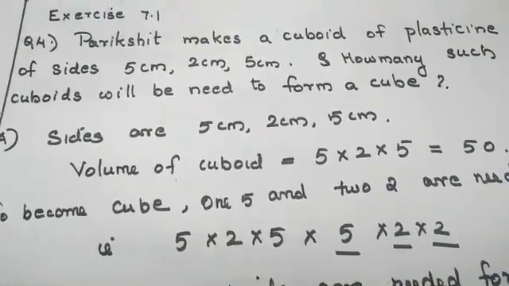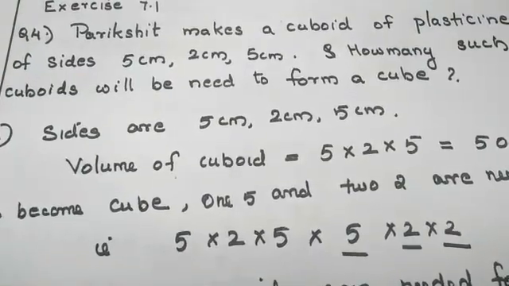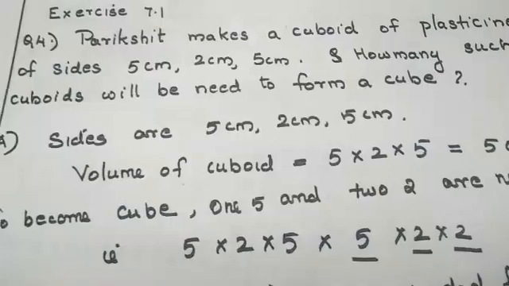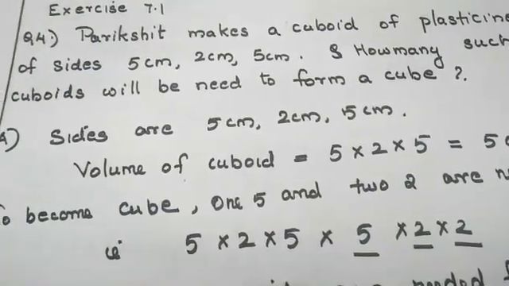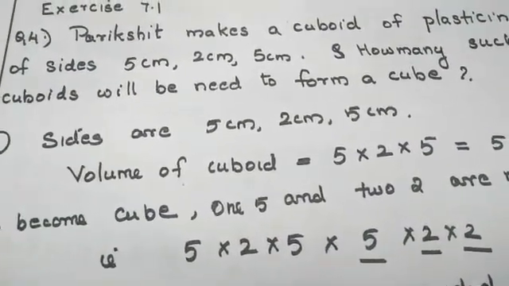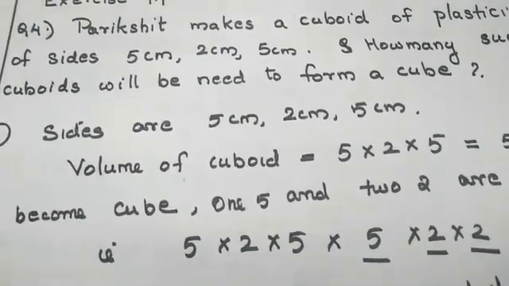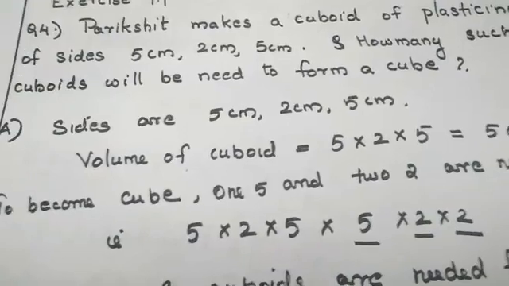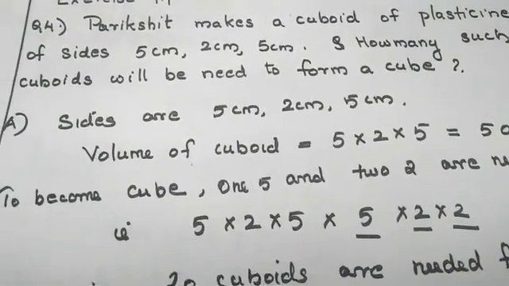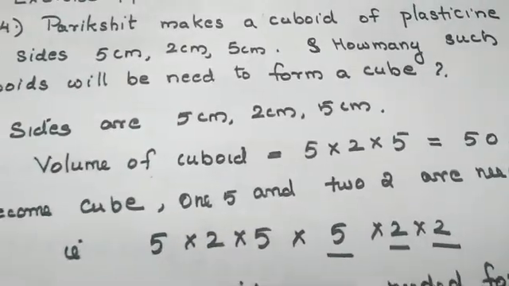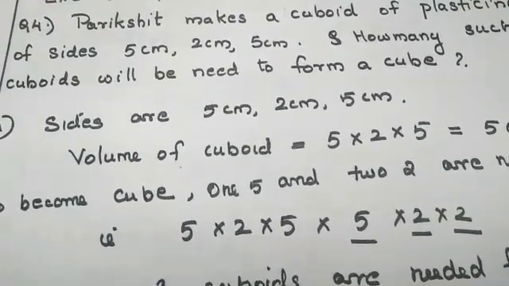Children, you know the difference between a cuboid and a cube. What is a cuboid? It will have length, breadth and height. But in the case of a cube, all sides will be equal. So here the question, how many cuboids will be needed to form a cube?